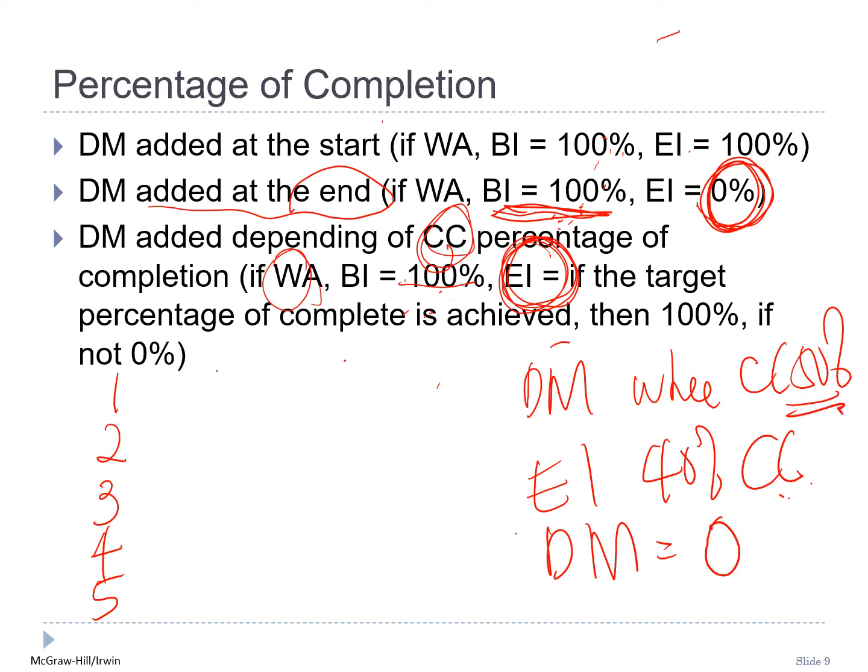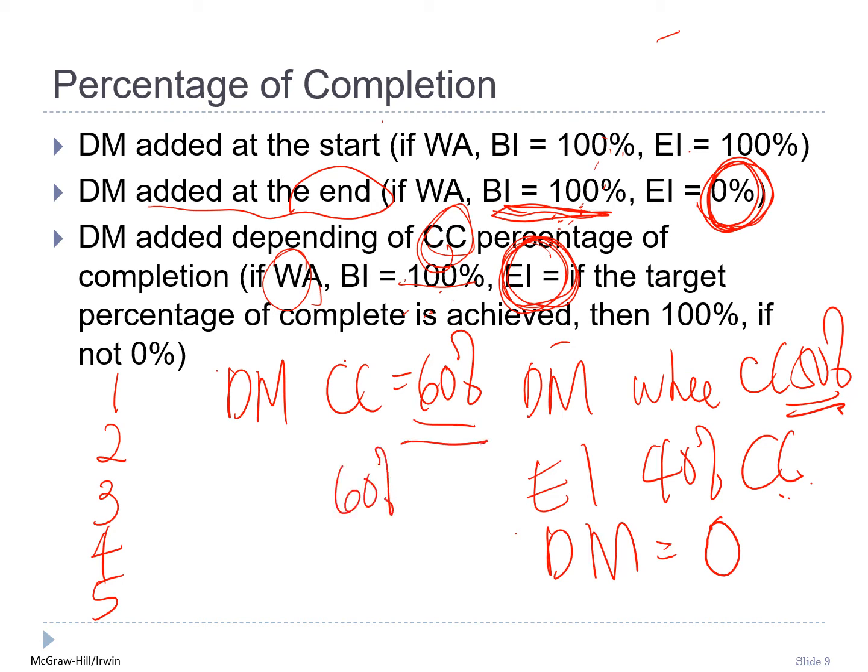Pero kapag sinabi sa problem na yung conversion cost niyan is 60%, lumagpas ka dun sa requirement of 50%. Kasi, ang requirement lang, dapat 50% complete para magkaroon ng direct materials. If that is the case, since 60% na siya, more than the 50%, so in terms of direct materials, ang percentage of completion niya is 100%.